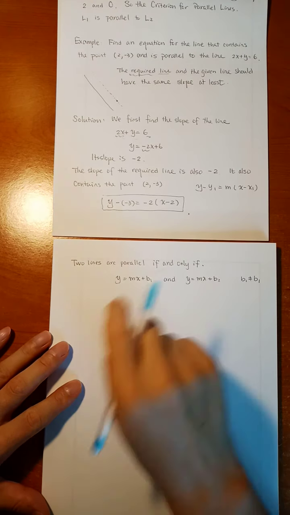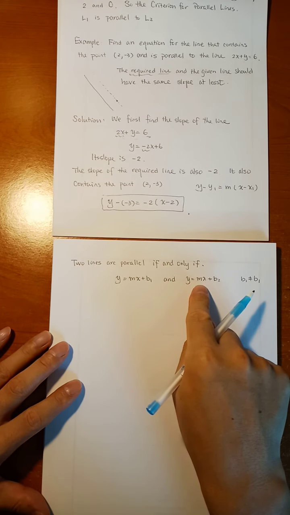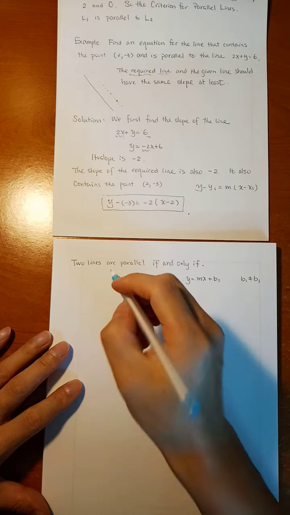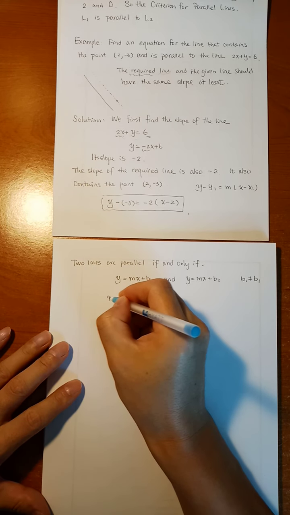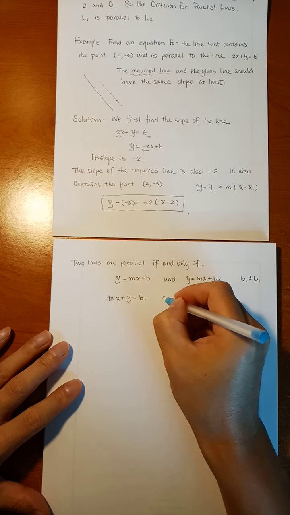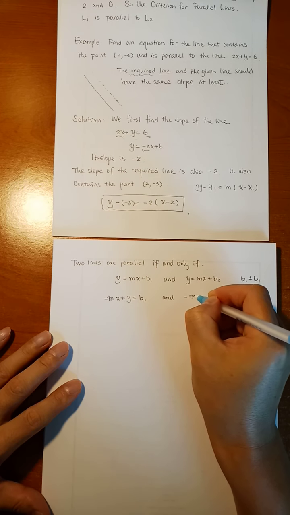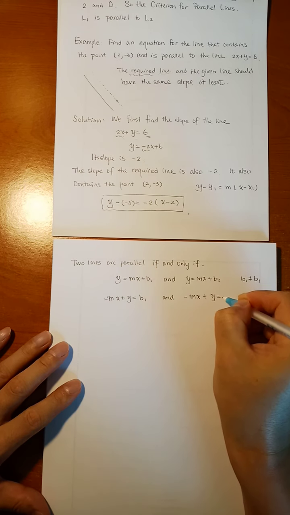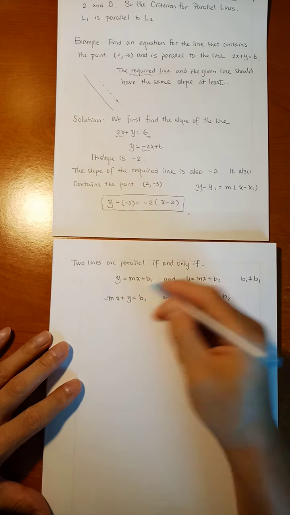If we write them in the standard form, in the general form, it is negative mx plus y is equal to b1, and negative mx plus y is equal to b2. We just move mx to the other side.